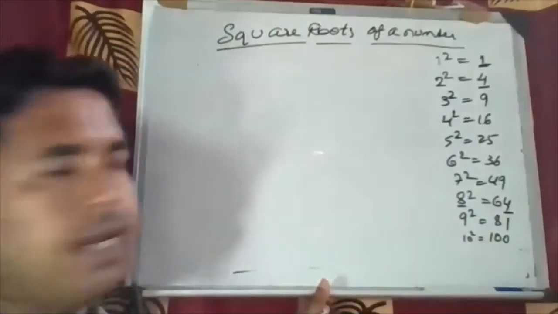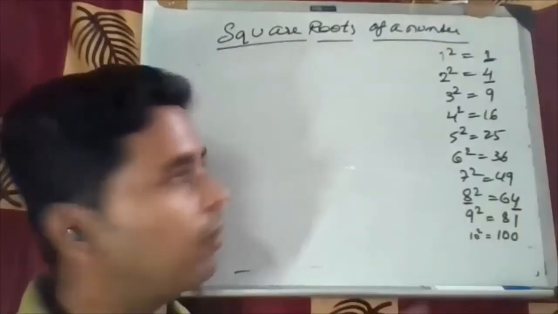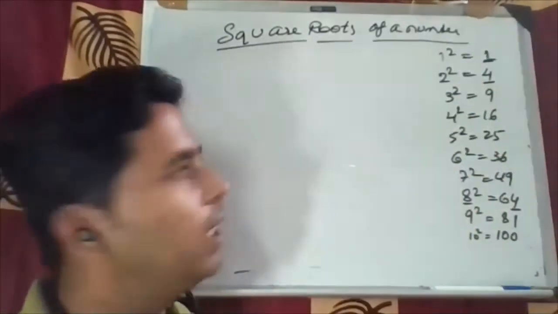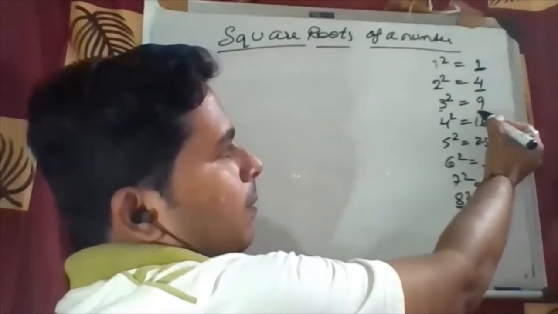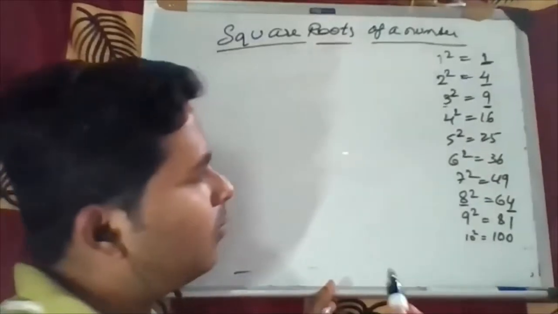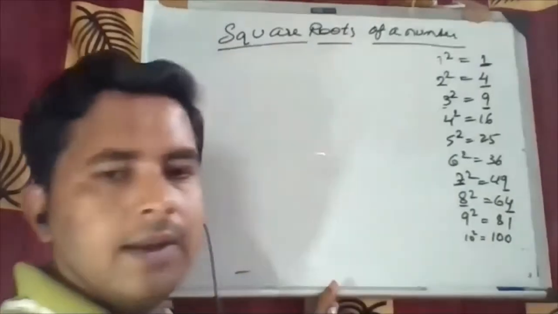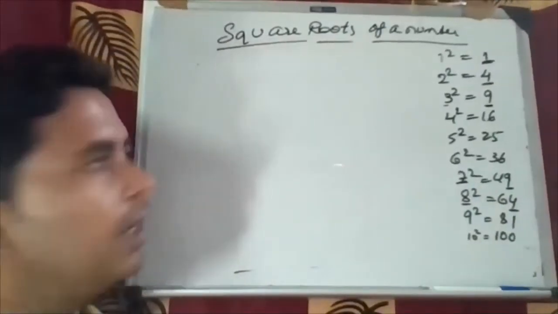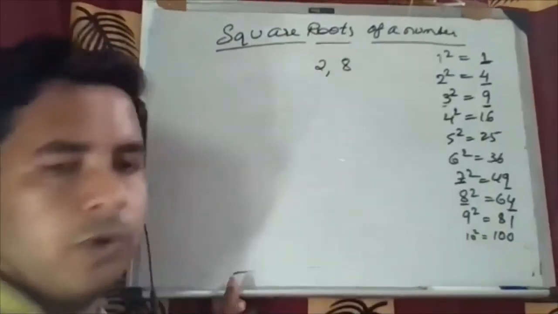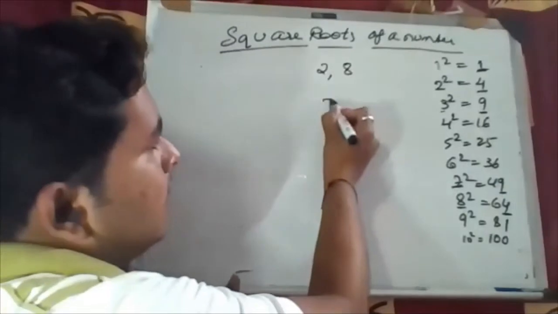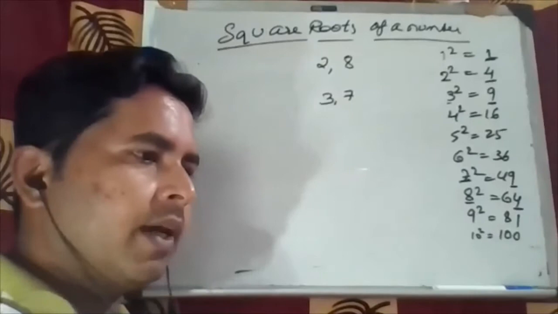Similarly 3 square is 3 into 3, which is 9, and 7 square, 7 into 7, also has unit digit 9. So 2 and 8 form one group, and 3 and 7 form one group.